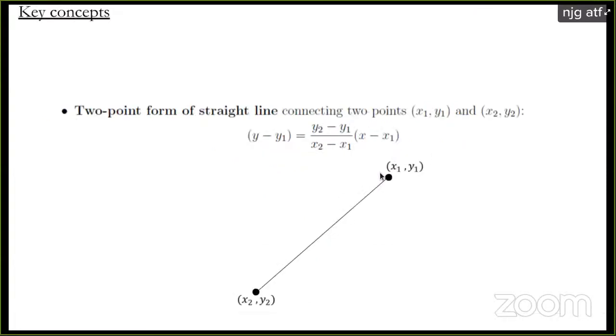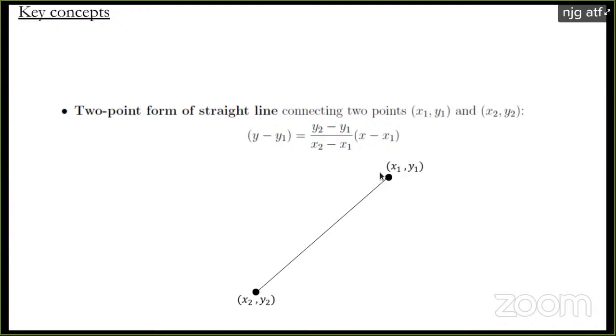Okay. So that is one question related to the section formula and slope. Let's briefly see the 2 point form. As you know, there are different forms of a straight line, and one of them is the 2 point form.